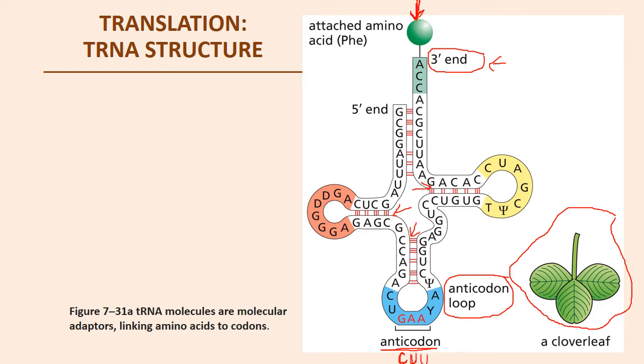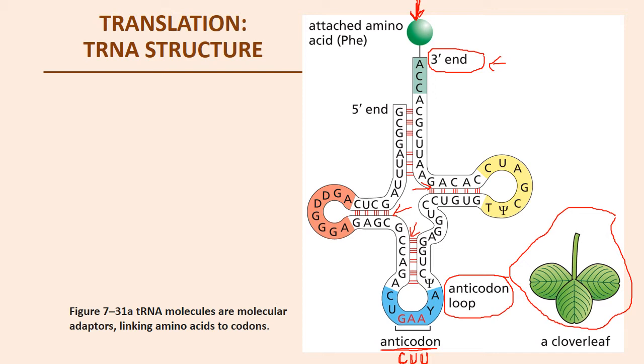So that means that my codon on mRNA is CUU. It is coding for my family amino acid. And when that amino acid is brought over, we're going to temporarily, really quickly, match the anticodon to the codon to guarantee that it's being placed in the correct spot.